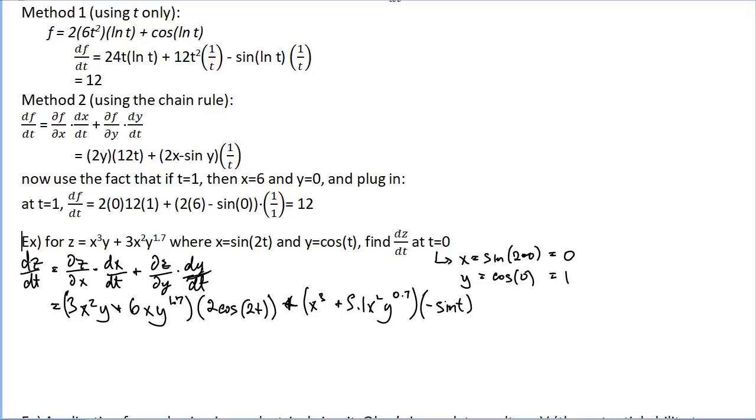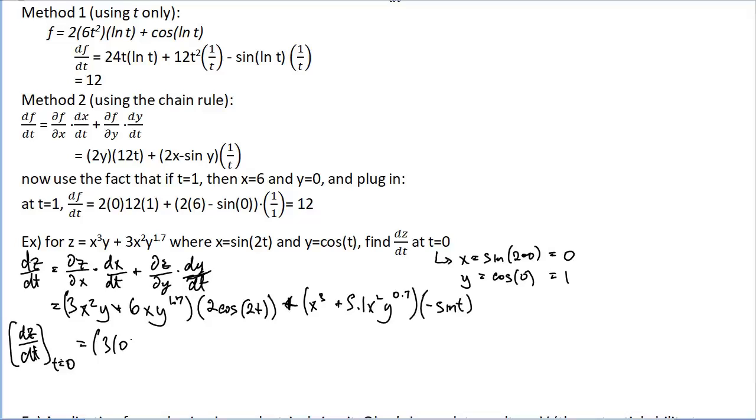So now I need dz/dt at my individual point. dz/dt at t equals 0. And now I just plug in my t value, my x value, and my y value.